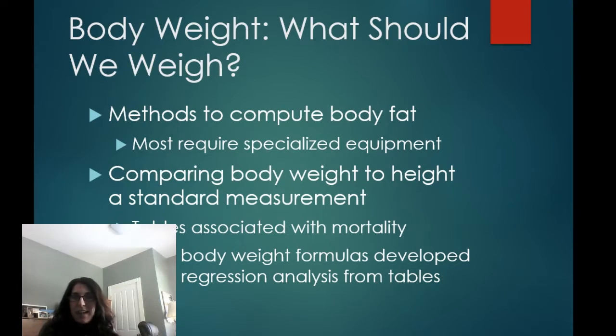So they developed these tables based on people who tend to be on the leaner side, and it obviously was to their advantage. They sell life insurance, so they can probably jack up your weight if you're not within their ideal body weight. But lo and behold, that's the gold standard that we use now. I don't know if it's the gold standard, but that's what everybody uses, the ideal body weight.